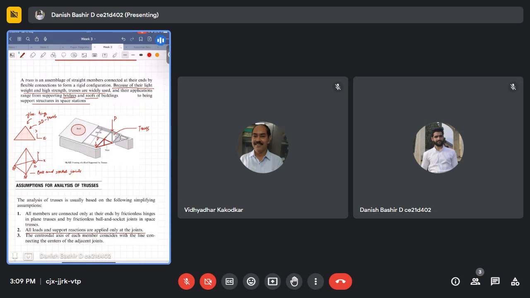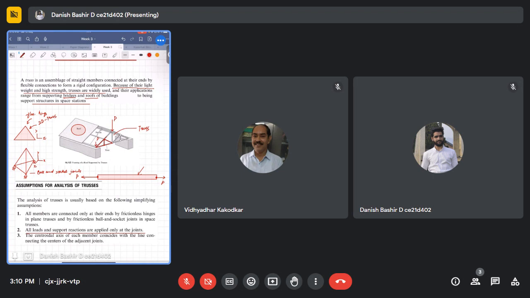In a truss member, we assume that it transfers loads through axial compression or axial tension only. So it is joined at this joint point, and this is joined at this joint point. Let's take an example. Say this P load was not applied at the joint point, but somewhere in between, in the middle of this member.